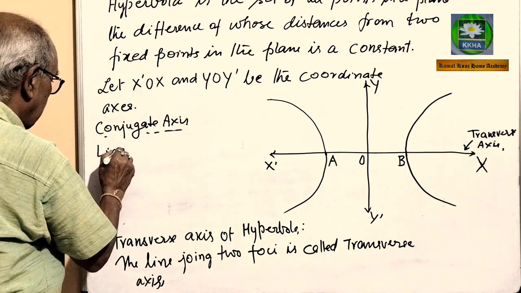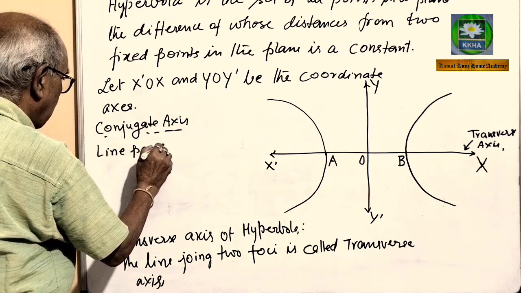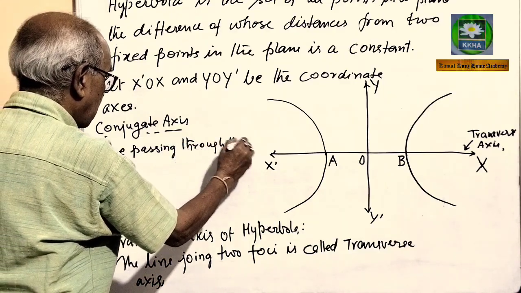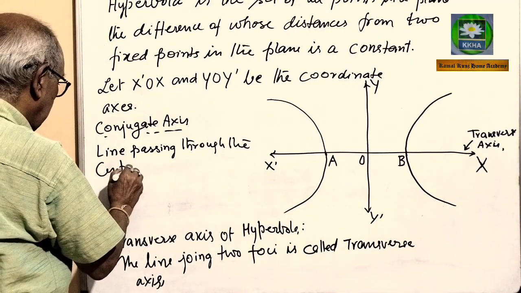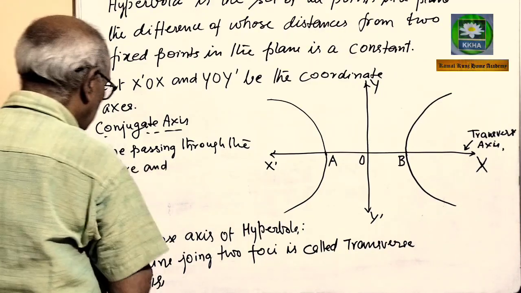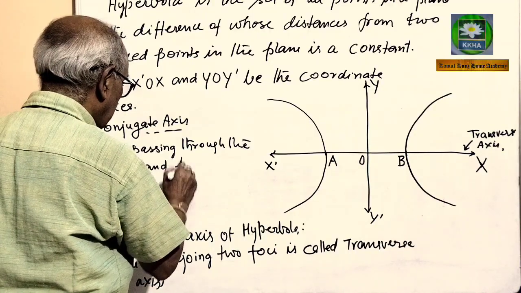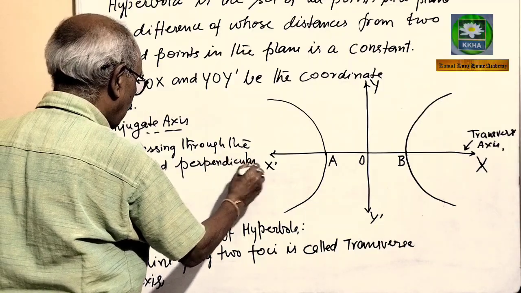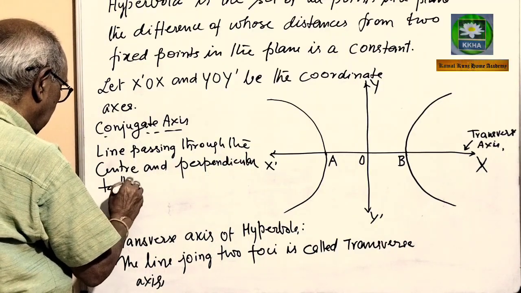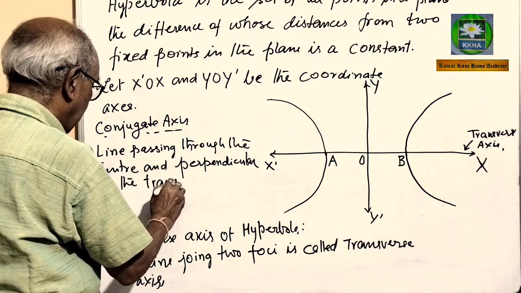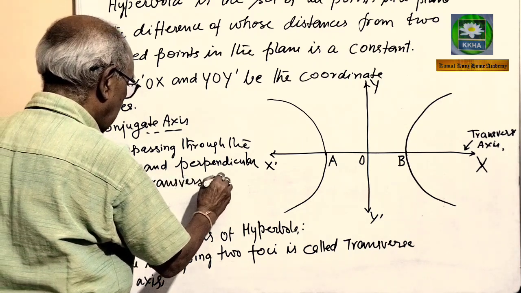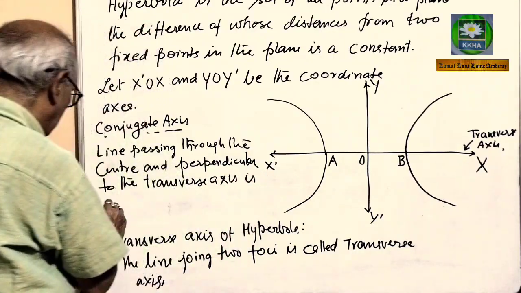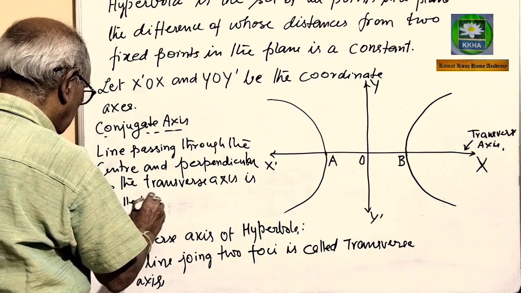The line passing through the center and perpendicular to the transverse axis is called the conjugate axis.